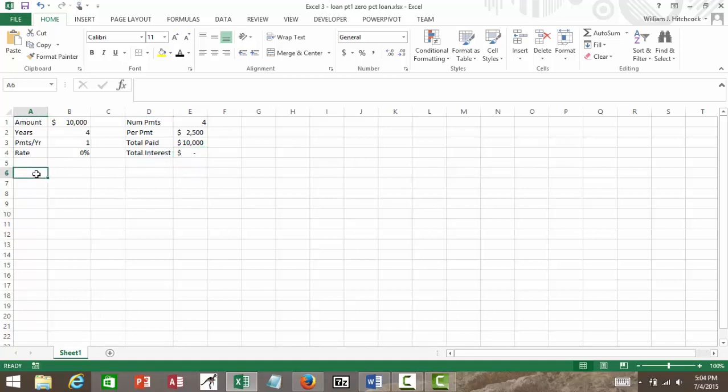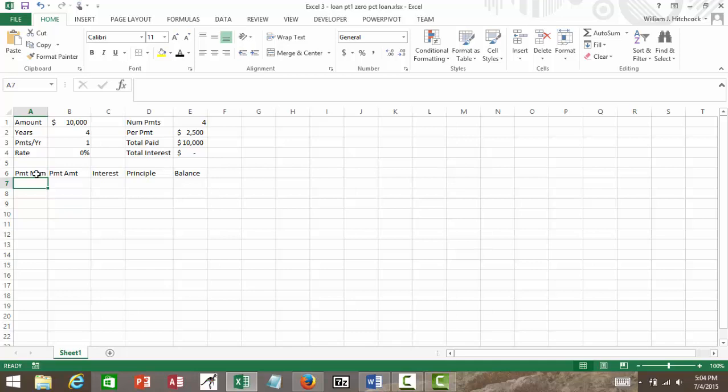So I'm going to continue on with my loan, and we've got what's called an amortized loan. In other words, we're going to make 4 equal payments of $2,500 each for the next 4 years and pay off our loan. So I've got the payment number, the payment amount, the interest that I'll pay on that, the amount that I pay on the principal of my loan, in other words, to pay off the $10,000, and finally, the loan balance.